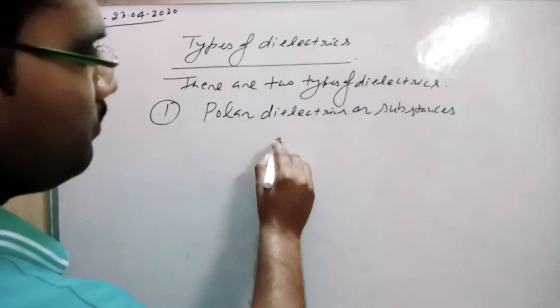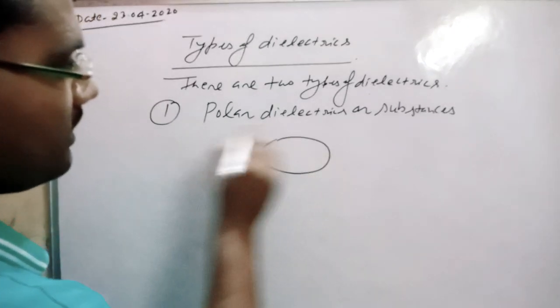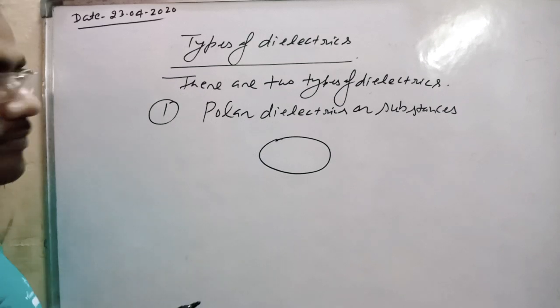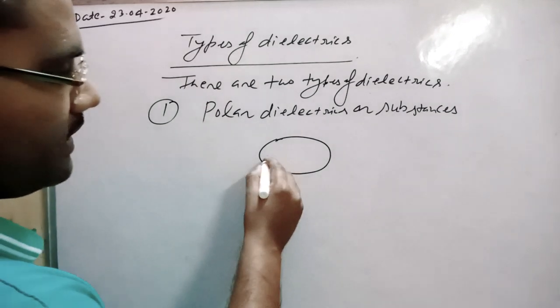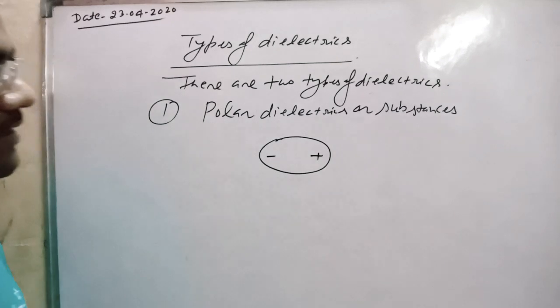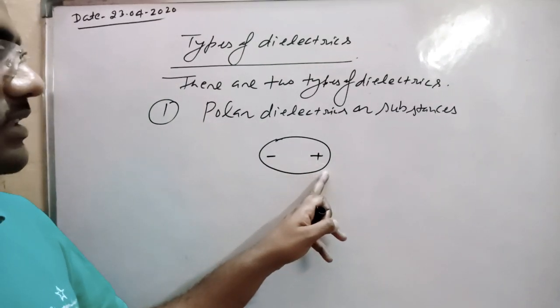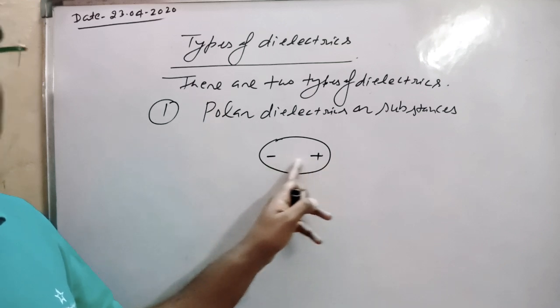That means in polar dielectrics, molecules are elliptical. When molecules are elliptical, then the centers of mass of negative charge and positive charge are separated by a small distance.